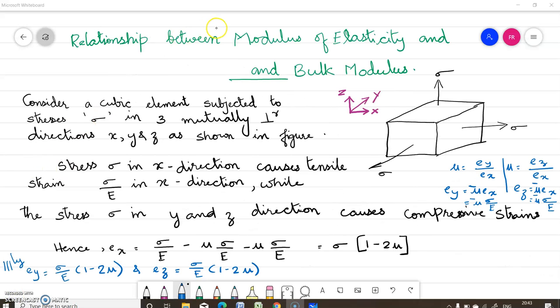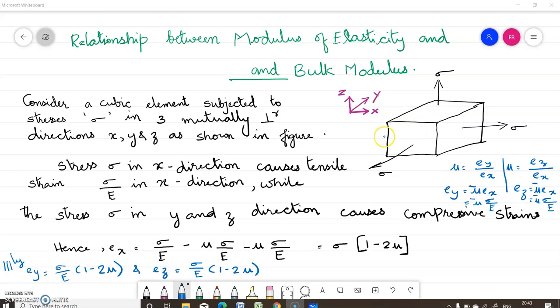Okay, now we'll find out the relationship between modulus of elasticity and bulk modulus. So you consider a cubic element subjected to stresses sigma in three mutually perpendicular directions, x, y and z direction.